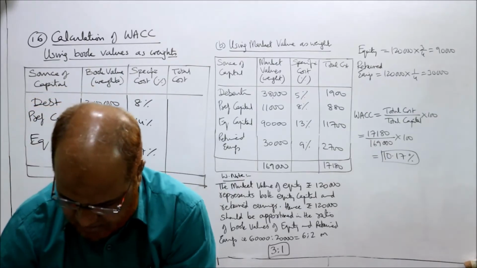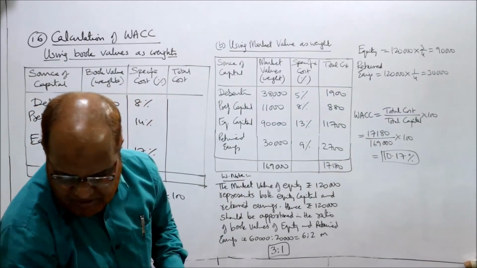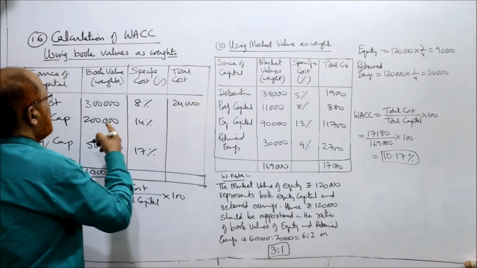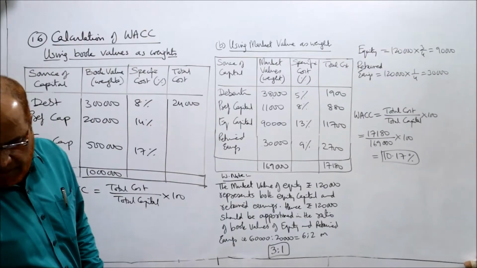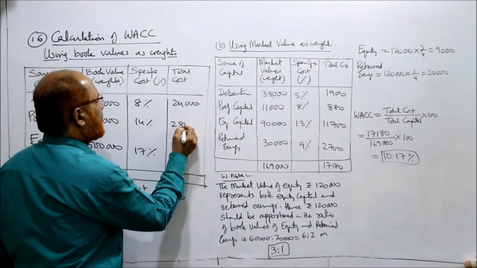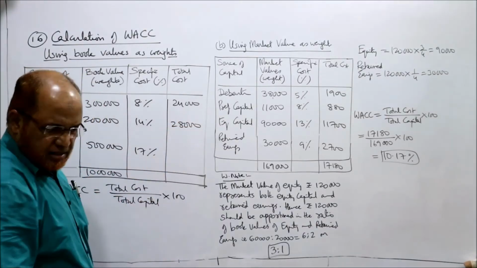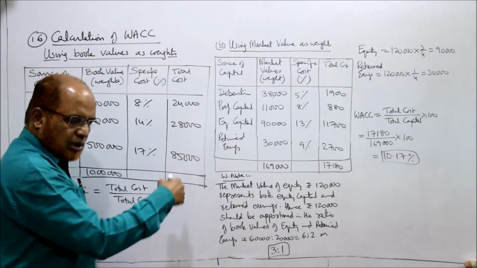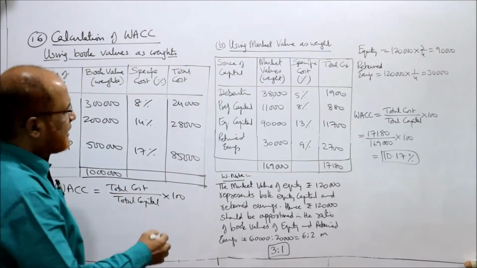Now 3 lakh into 8%, you are getting 24,000. Then 2 lakh into 14%, it is 28,000. Similarly 5 lakh into 17%, 85,000. The total of this cost is 1,37,000.